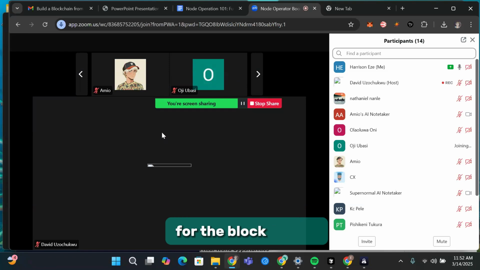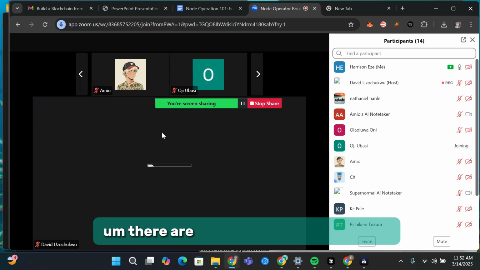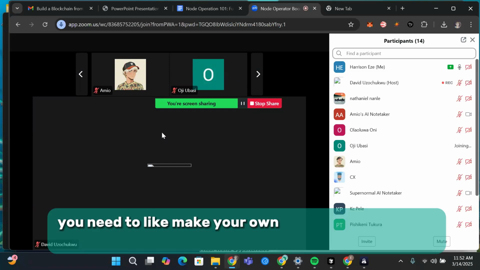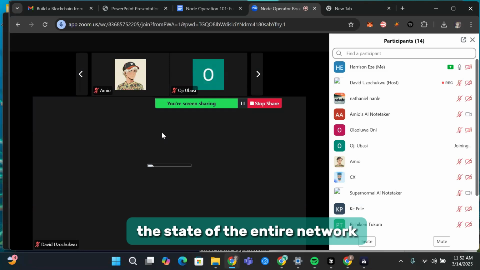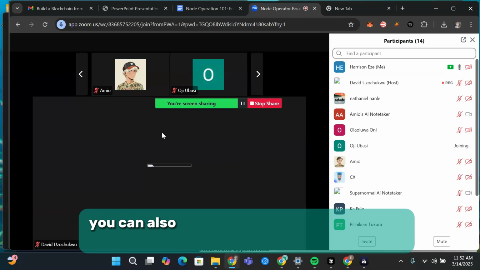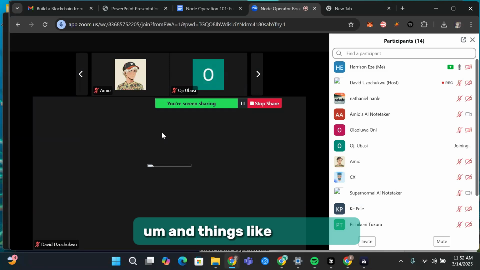But in the blockchain world, there are things like synchronization, how you need to make your own node catch up with the state of the entire network. And there are different ways to do that. You can also try to update the state through snapshots, and things like that.